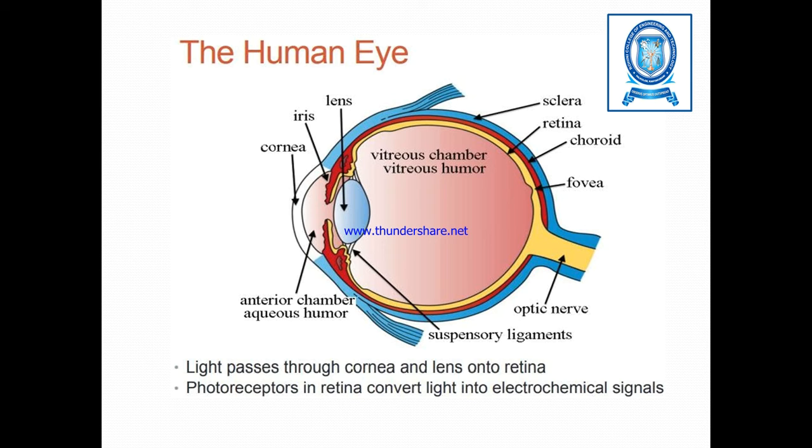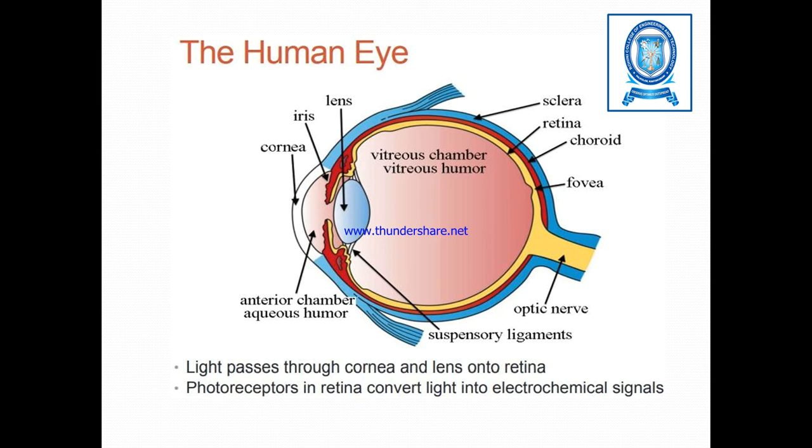This fovea can also be called a focal point, and it plays a major role in perceiving the image. Then we have numerous optical nerves, which hold the eyeball and keep it as a suspended structure during eye rotation.